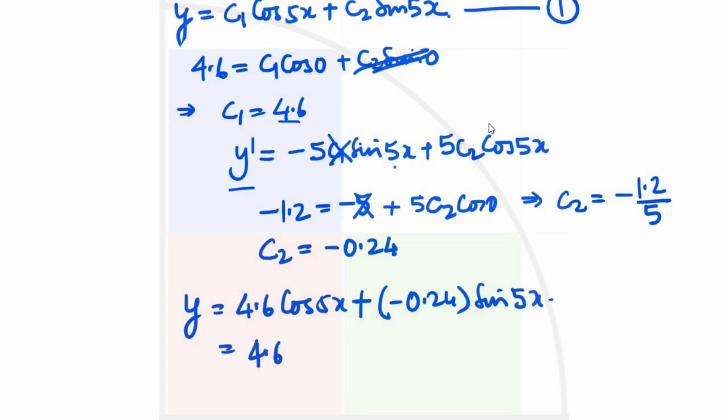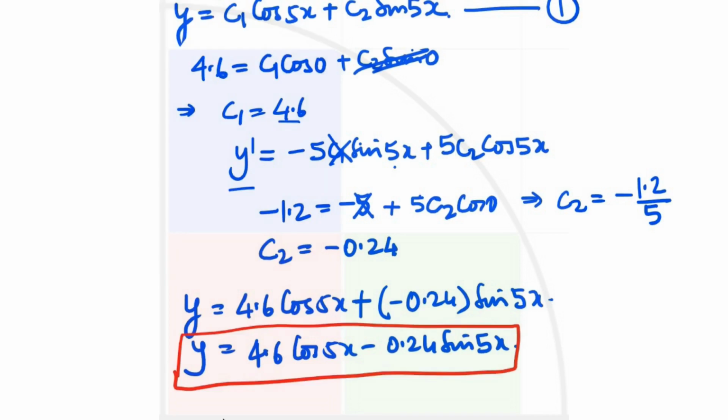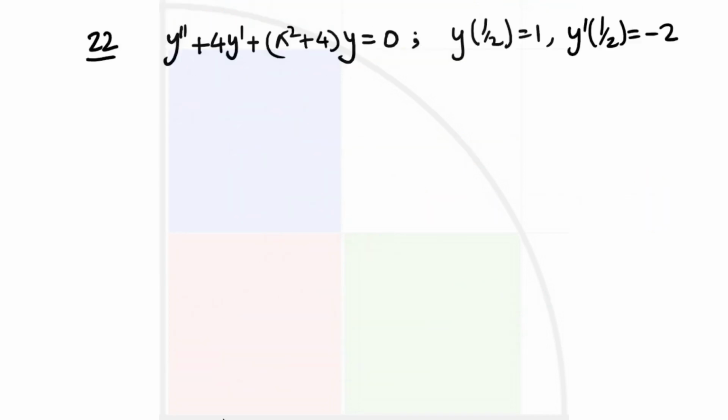Or you can write 4.6 cos 5x minus 0.24 sin 5x. And friends, this is the answer. Okay, so let us move to the next question now.